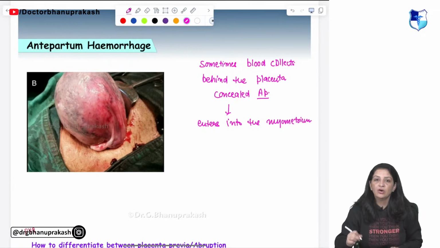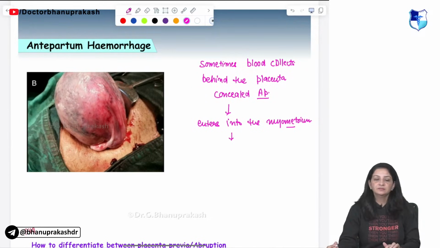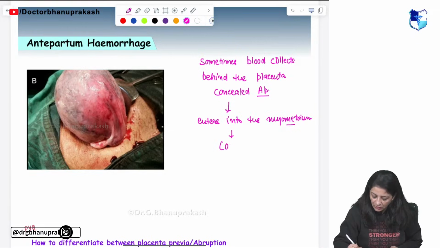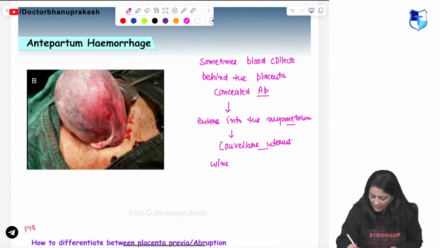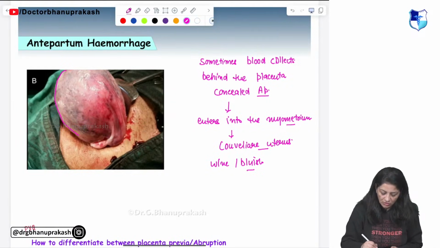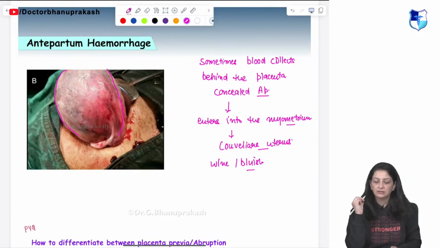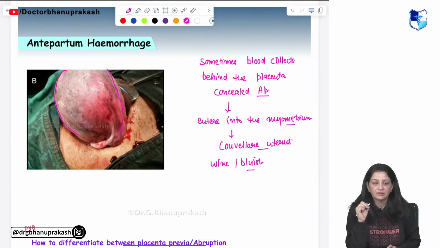There is a term Couvelaire uterus. The appearance of the uterus is wine or bluish colored. This is Couvelaire uterus.